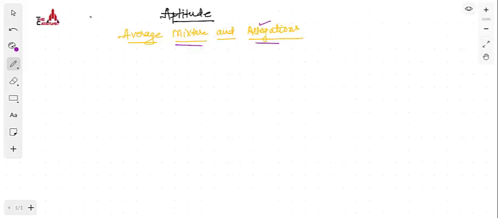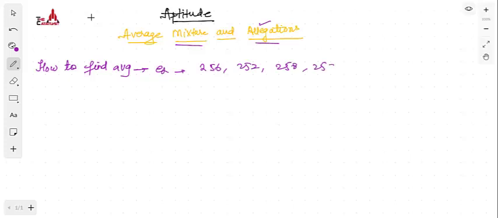Let us start. First, initially, very basic: how to find the average. If it is given like 256, 252, 258, 259 and 253, and you have been asked to find the average of these values, how will you find it?